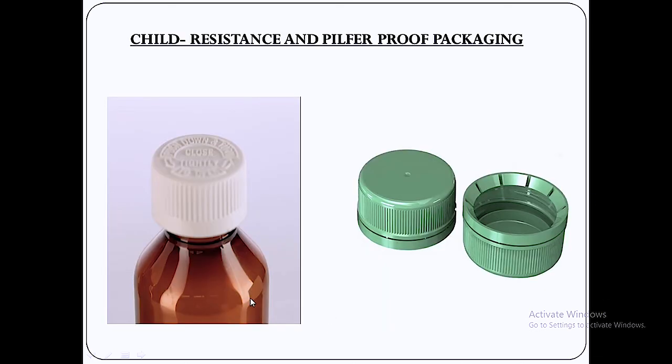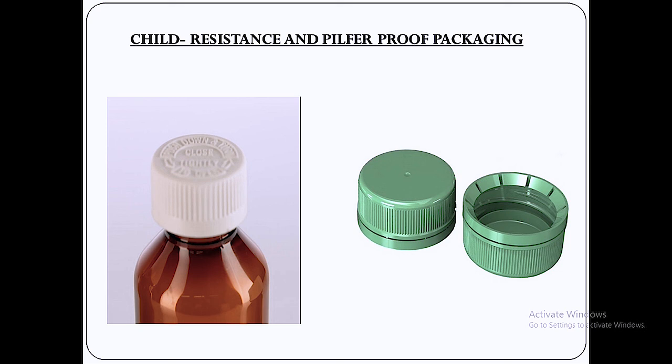Then the last thing that we'll discuss is the type of packaging for children: child resistant and pilfer proof packaging. This is a pilfer proof packaging and this is child resistant packaging. Why it happens is because there are a lot of cases in which children, whenever we have kept a plastic bottle or any medication, can easily open it and take it.